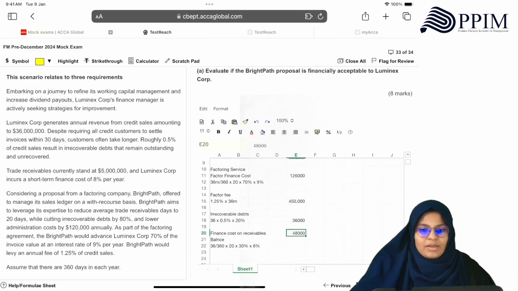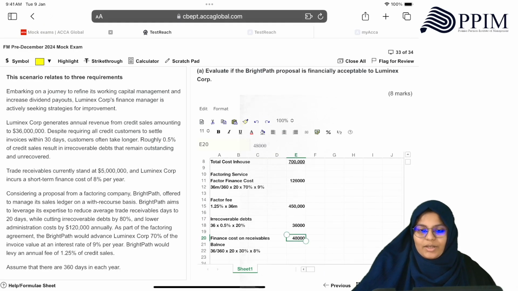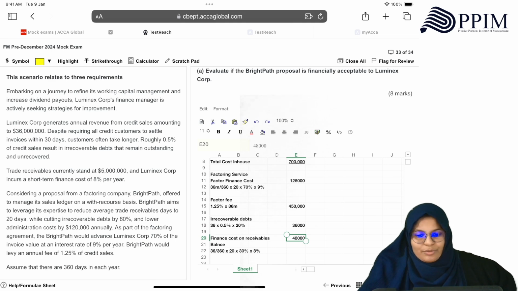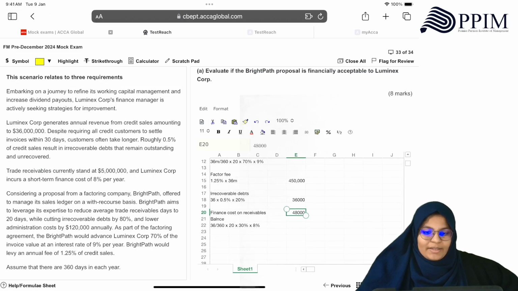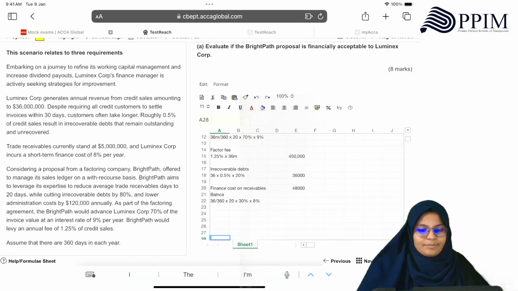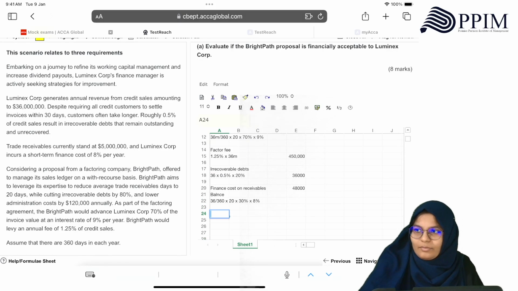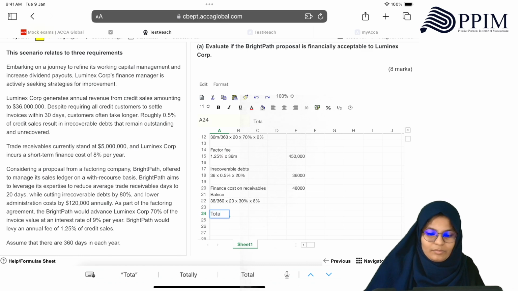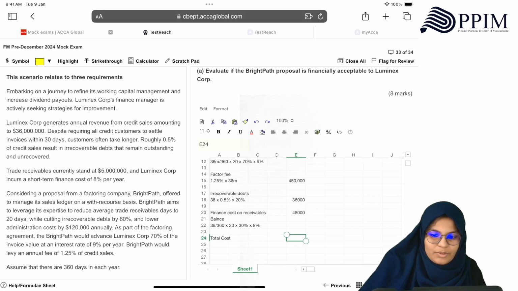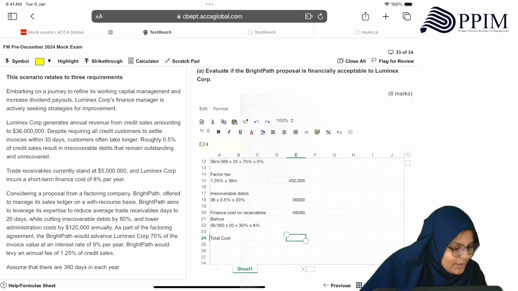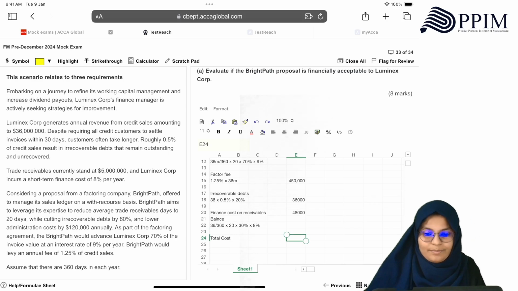Okay. So that will be the total cost that I have to incur under the factoring service, right? So 126 plus 450 plus 36 plus 48. So total cost, okay, so I'll just put the total over here, should be 660,000.